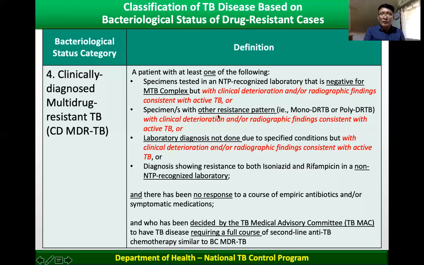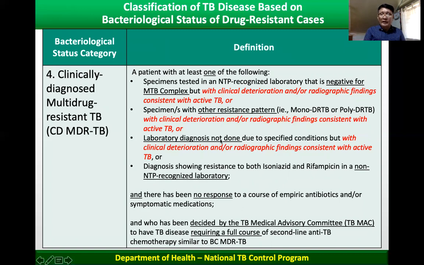Or specimen with other resistance pattern. So there's a resistance pattern like mono DR-TB or poly DR-TB, but not exactly MDR, okay? With clinical deterioration or radiographic finding consistent with active TB.